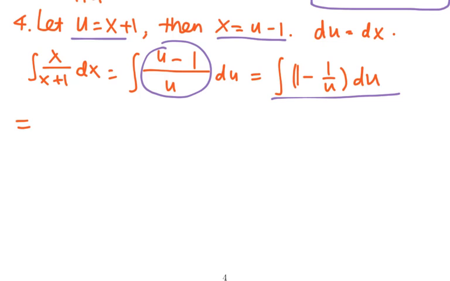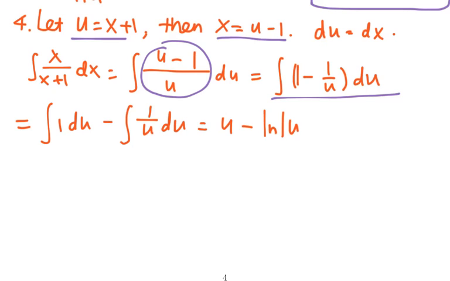Then we're going to integrate this function. It is equal to the integral of 1 du minus the integral of 1 over u du. The antiderivative of 1 is just u, minus the antiderivative of 1 over u, that is the natural log of the absolute value of u. And then remember, plus a constant c.